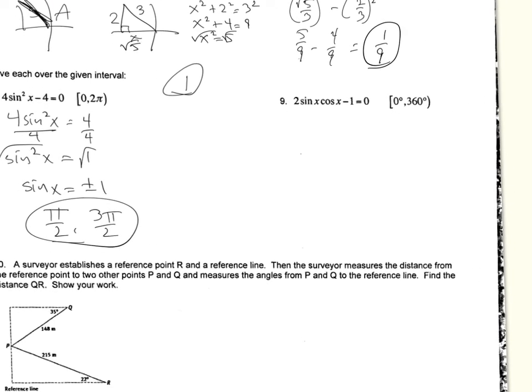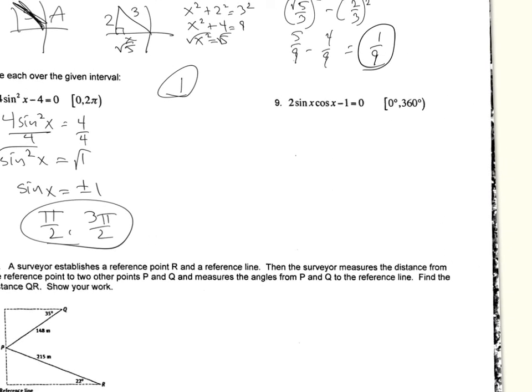Now number 9 we're changing. I forgot to change it. So the problem was supposed to be, and is now, cosine of 2x, that's a double angle formula, minus the sine of x is equal to 0.